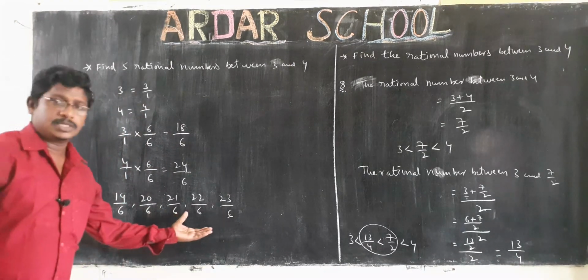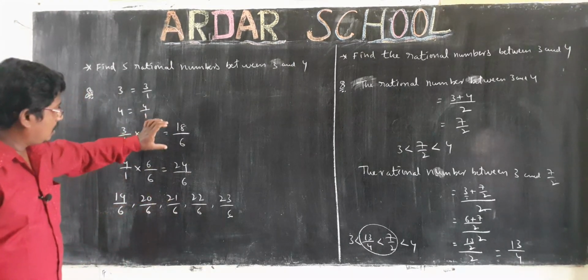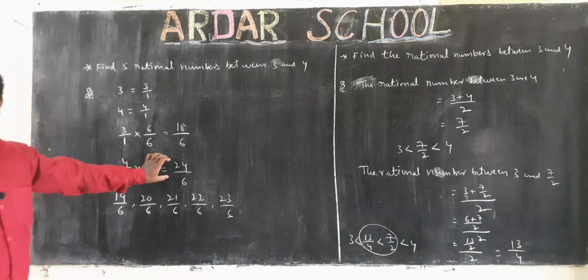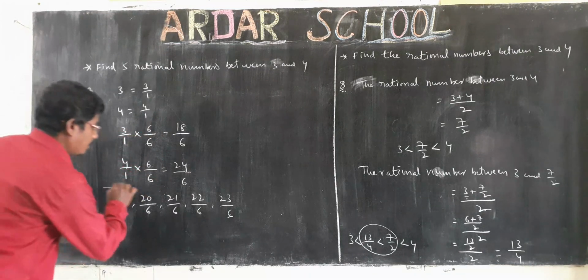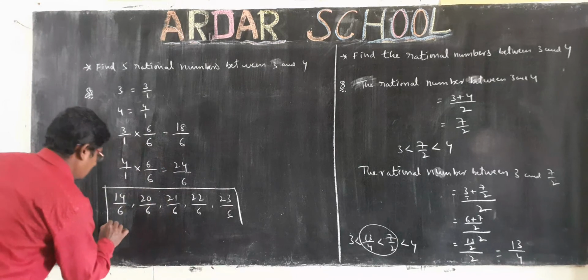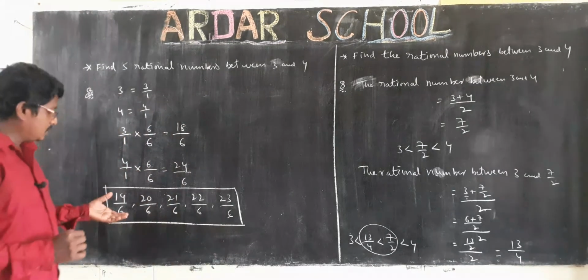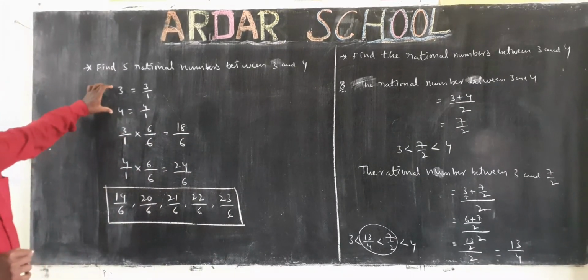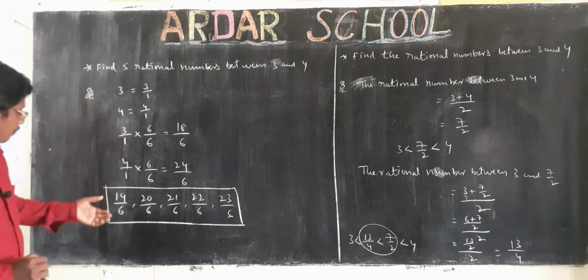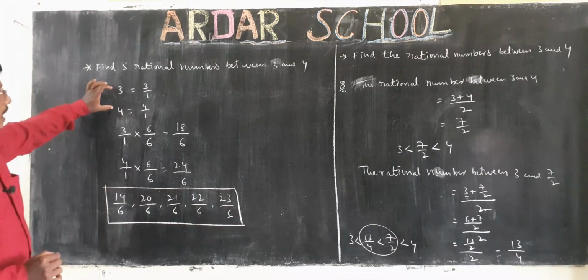These 5 rational numbers are between 18 by 6 and 24 by 6, and so they are between 3 and 4 also.